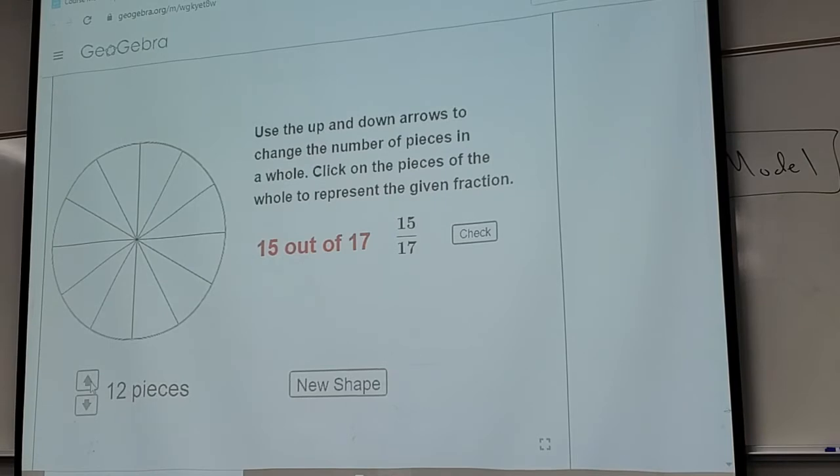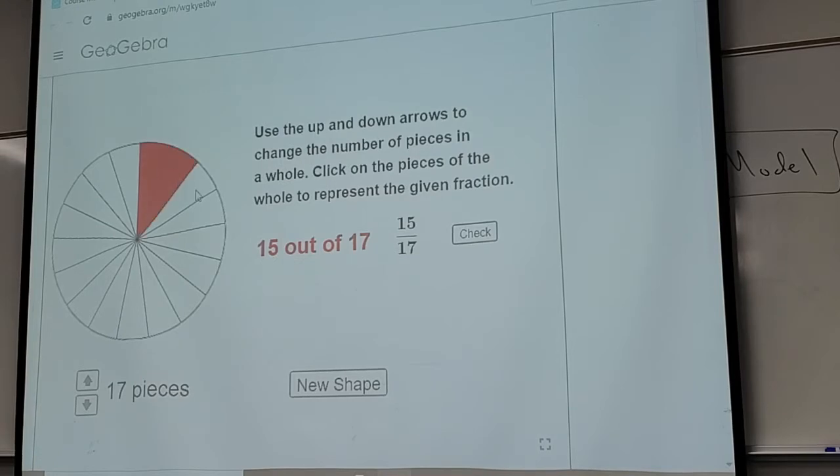How many pieces do I want? 17. Then I get to shade them, and just keep 2 unshaded. Thank you, and good job.